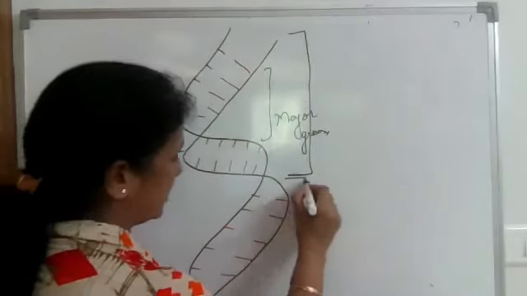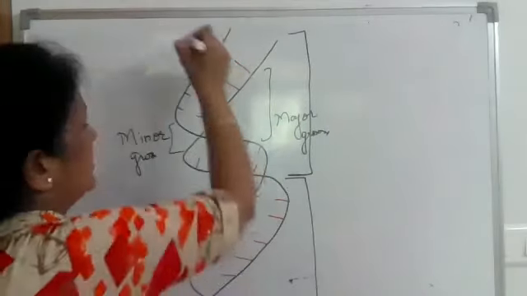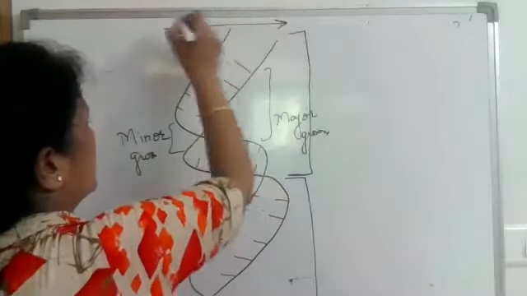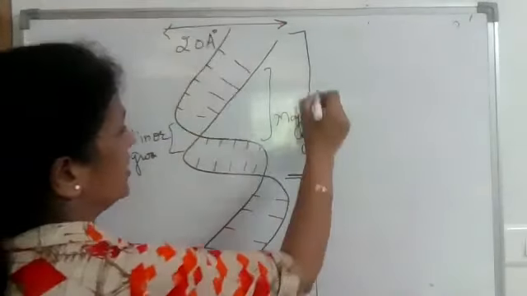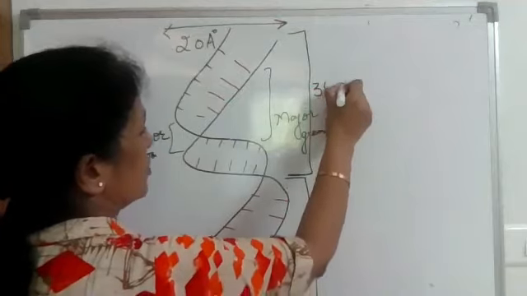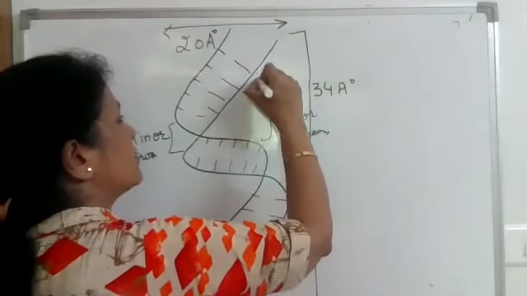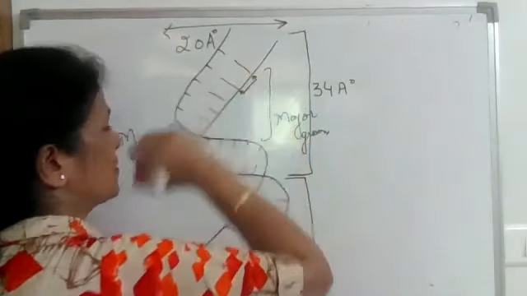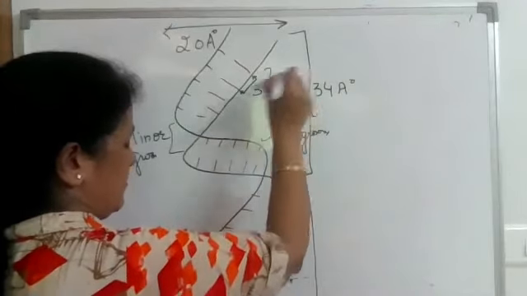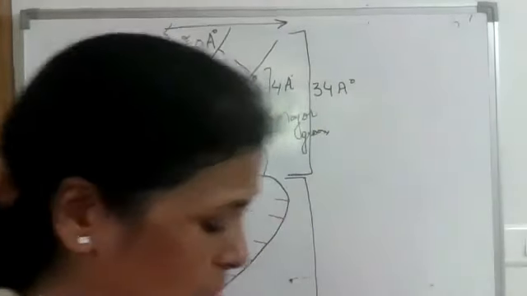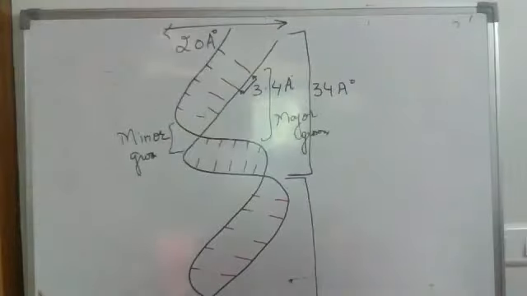So one complete this, one complete this. This is the breadth of DNA, that is 20 angstrom. The total length is 34 angstrom and the distance between two base pairs is 3.4 angstrom. 3.4 angstrom means 3.4 into 10 raised to the power minus 10 meter.